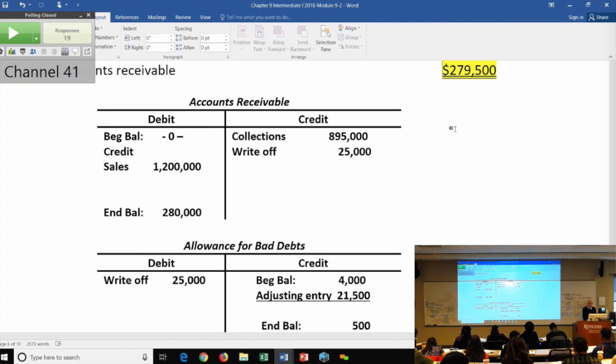The write-off, it doesn't increase my cash? No, this would have no effect at all on cash flow because it doesn't change the balance of your assets.